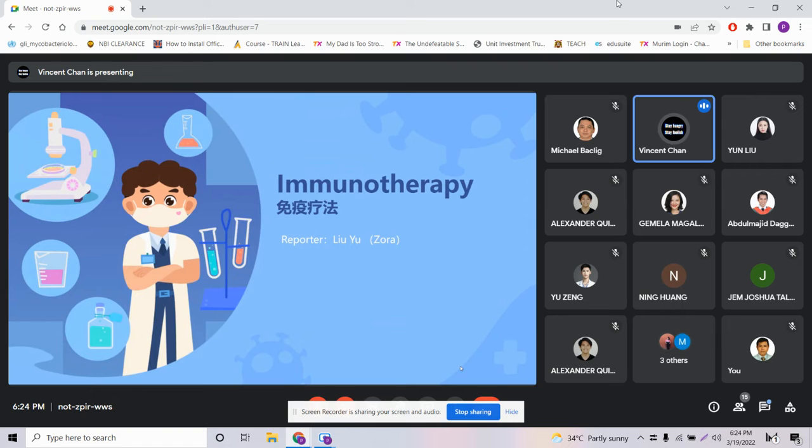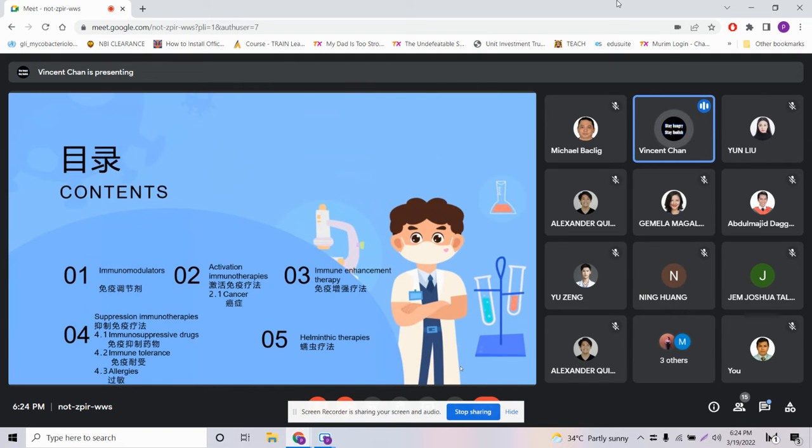Hello everyone, I'm Zora. I will present the topic about immunotherapy. Okay, next page, let's look at the content. The first one is immunomodulators. Second one is activation immunotherapies. The third one is immune enhancement therapy. The next one is suppression immunotherapies. Another one is hematologic therapies.